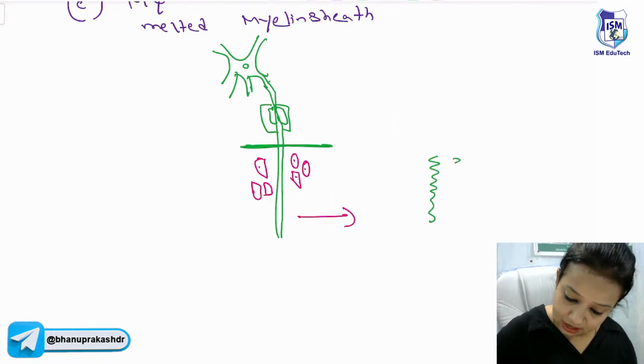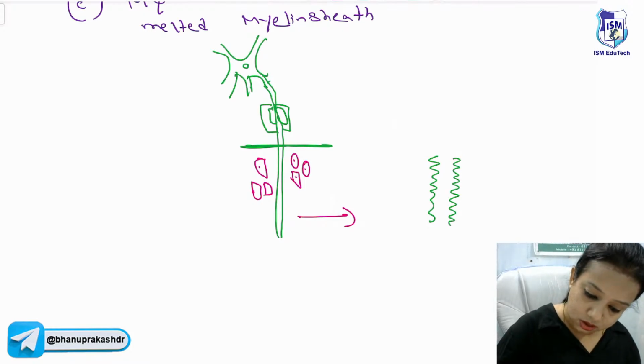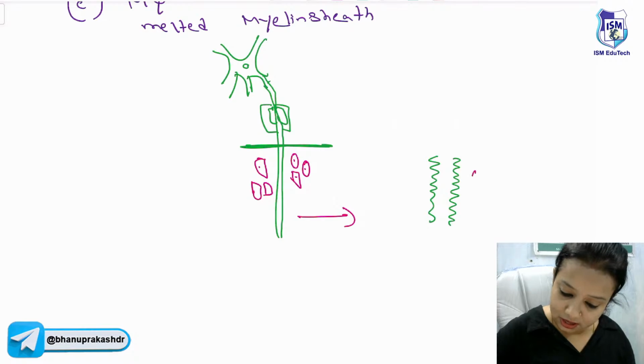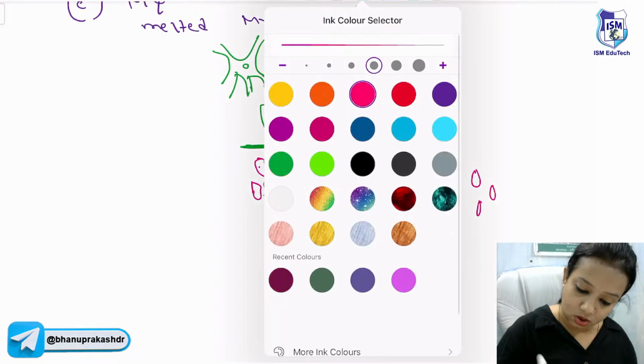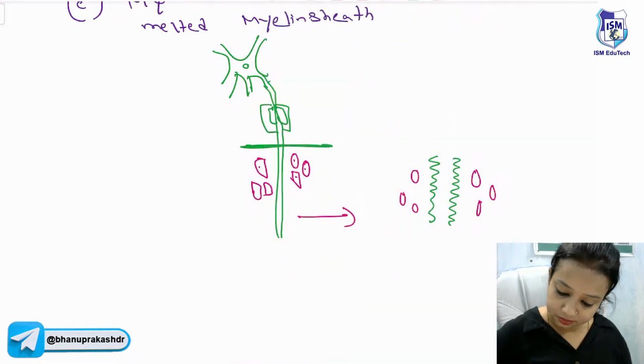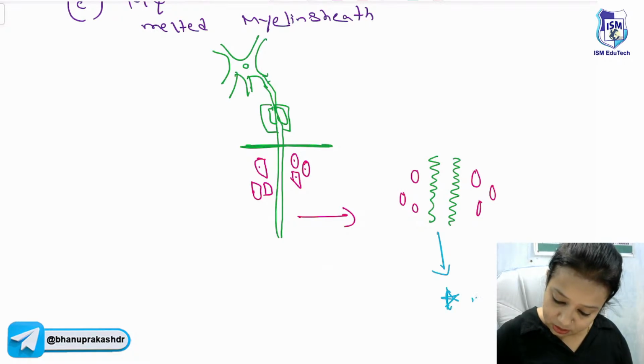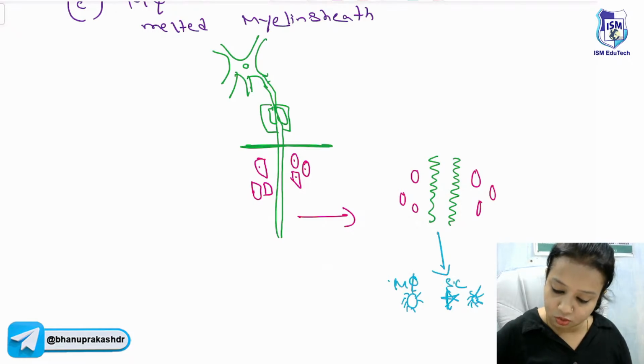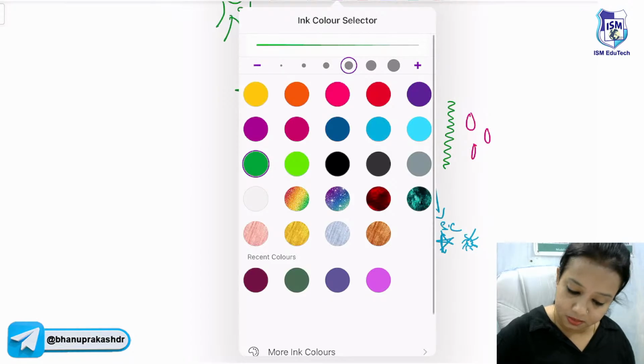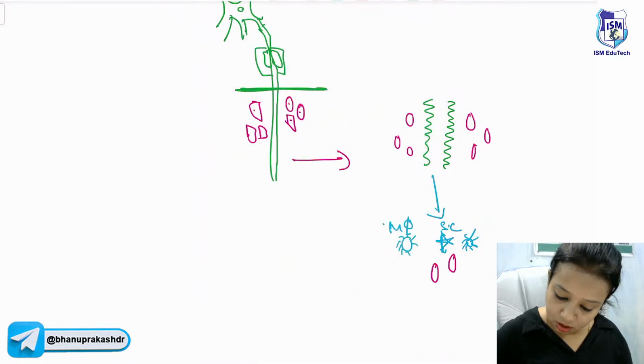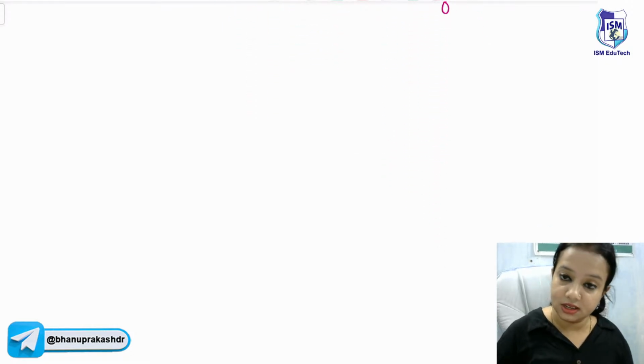There is untangling of the axons also, where the myelin sheath on its sides has precipitated as oil droplets. Now, these oil droplets will be scavenged by the macrophages and Schwann cells. They will clear up the droplets formed due to melting of the myelin sheath. These are the degenerative changes.